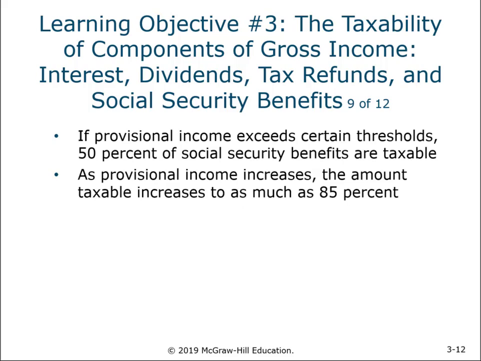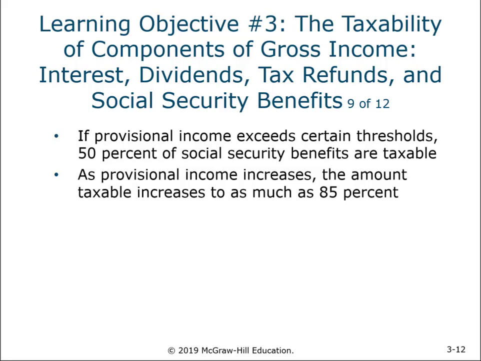If you are over the first threshold, then the amount of your Social Security that is taxable is either 50% of the Social Security benefits or 50% of how much your provisional income exceeds the threshold, whichever is lower. It's always the lower of those two.